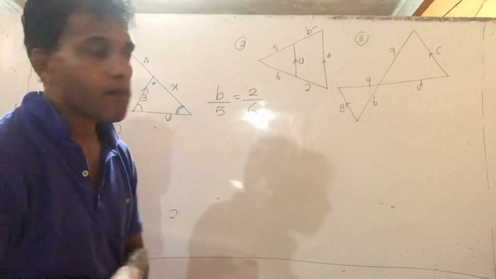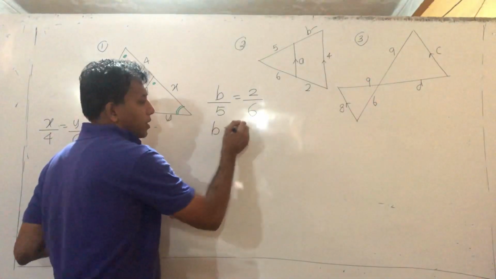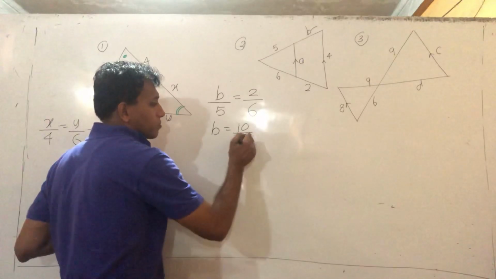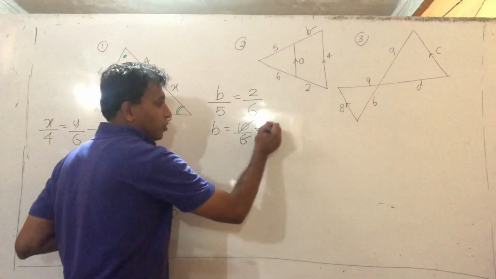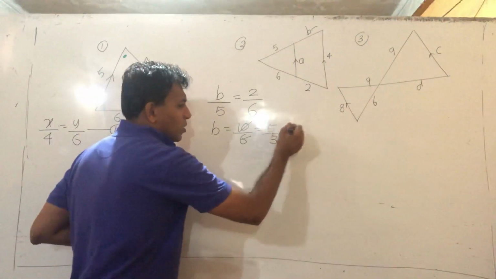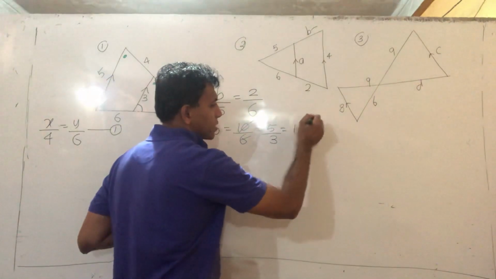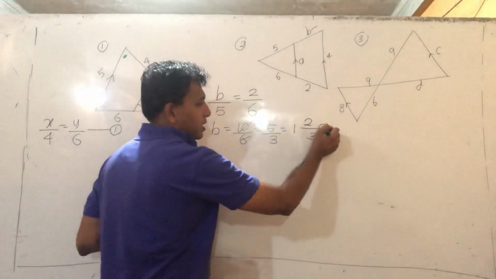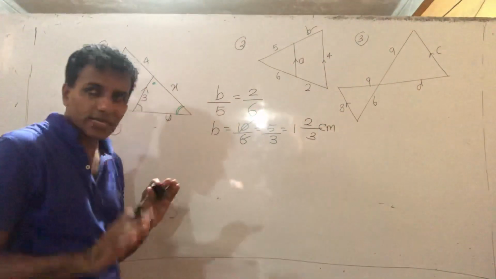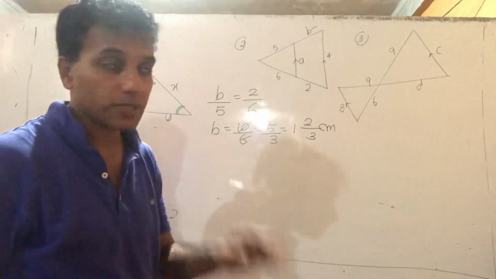Complete the B. Multiply: 10 over 6, or 5 over 3 after dividing by 2. You can give a decimal or a fraction answer, that's no problem, in centimeters or meters. Answers can be decimal, can be fraction, but can never be minus. You can't take a minus answer.